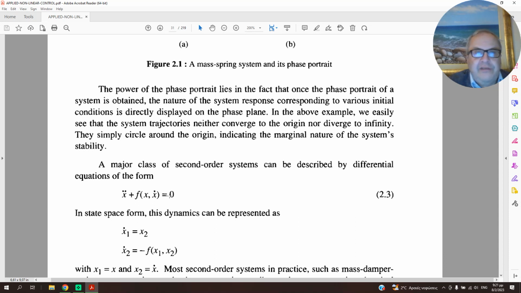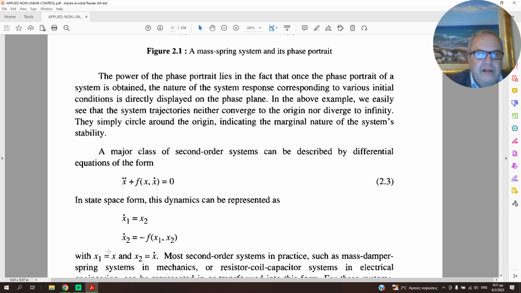We define x as x1 here, and as x2 is defined x dot. We will not use x3. For second-order systems, we will use only x1 and x2. x1 is the x and x2 is the derivative of x.